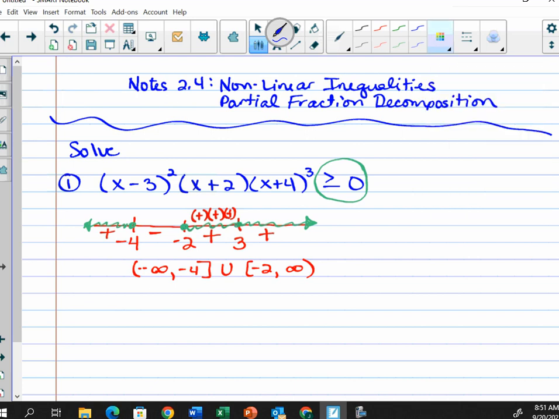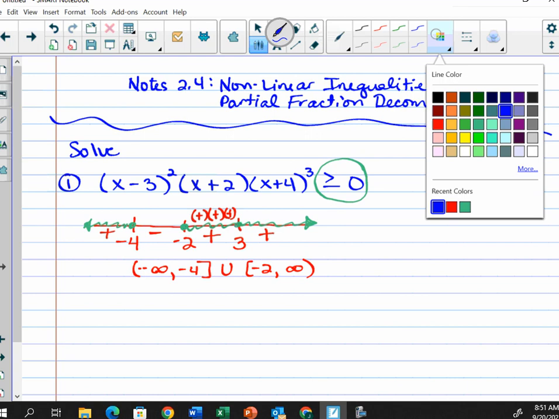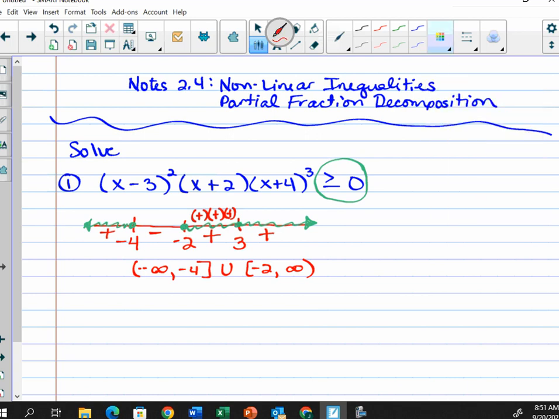Okay. So graphically, I can just show you what this looks like too. If you were to graph a polynomial like this, you'd have a 0 at -4, -2. Even degree, so both ends are up.